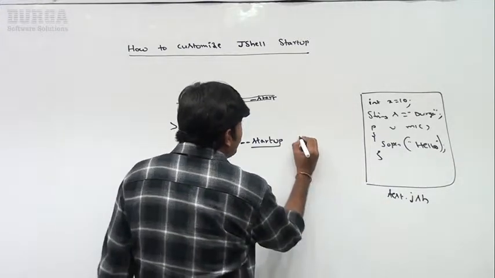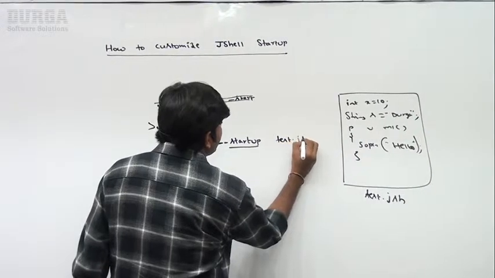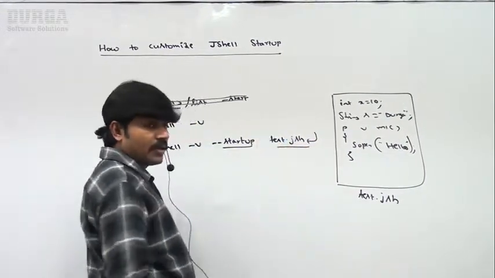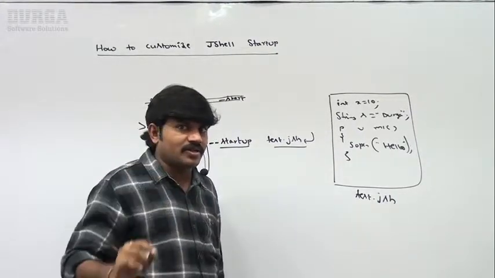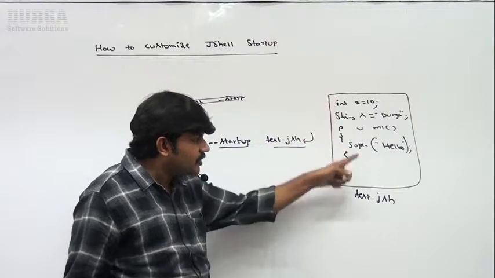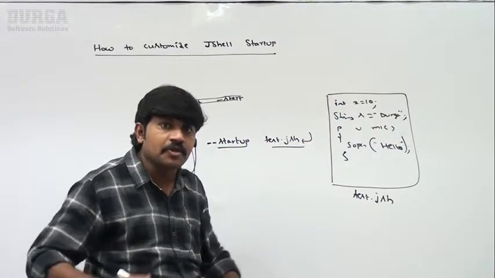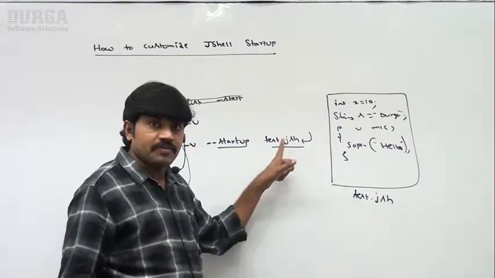What is the name of this file? test.jsh. Now instead of the default startup snippets, the snippets inside test.jsh will become startup snippets. Remember that.